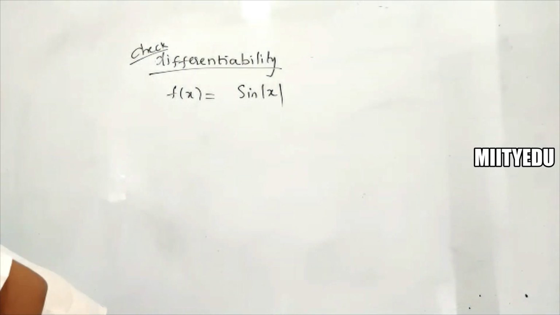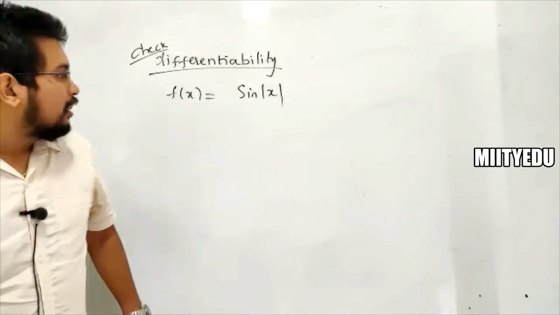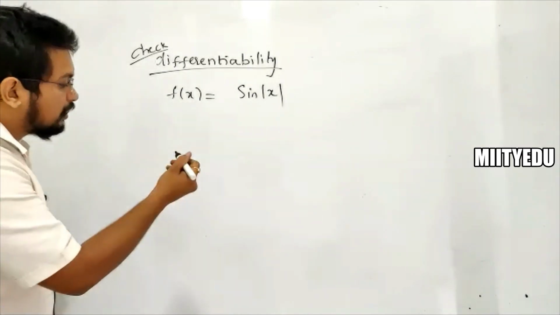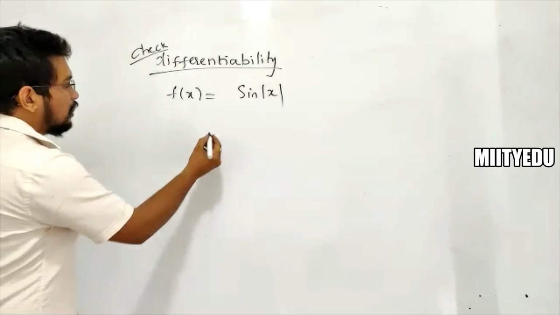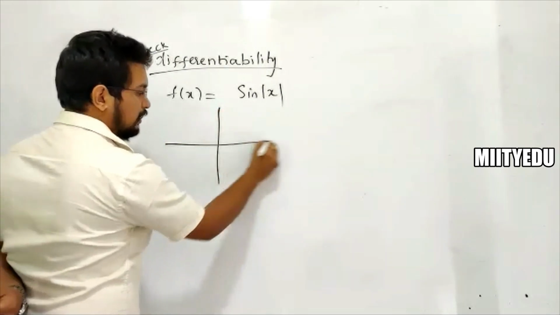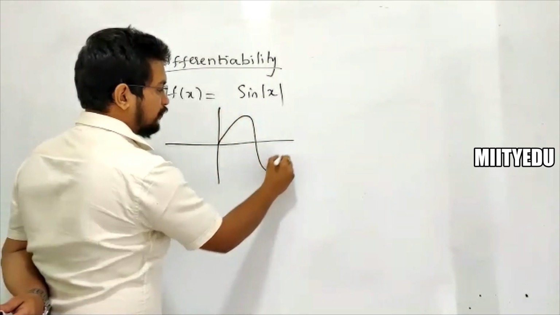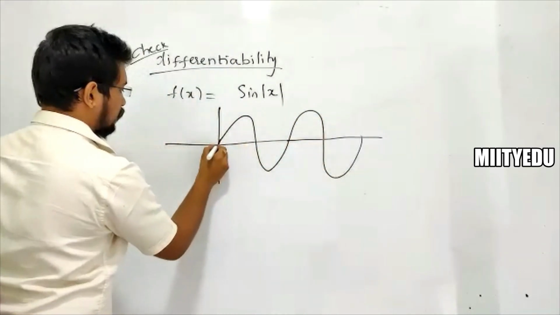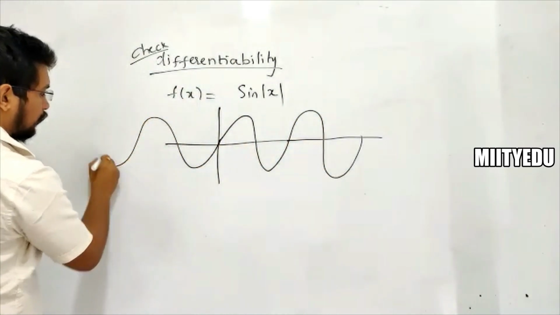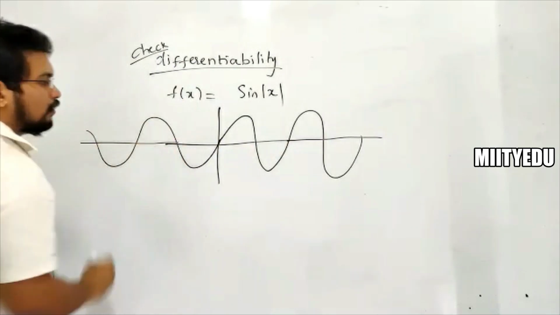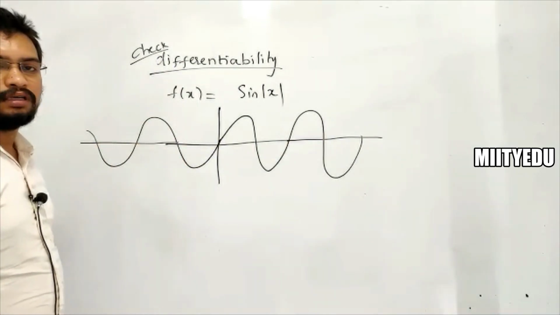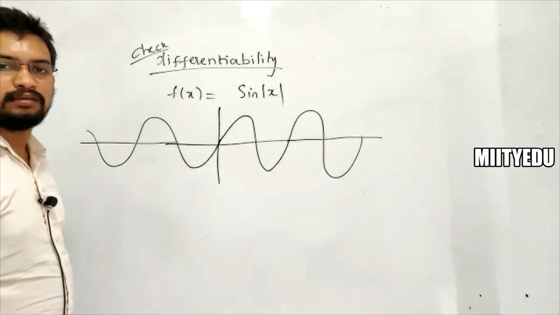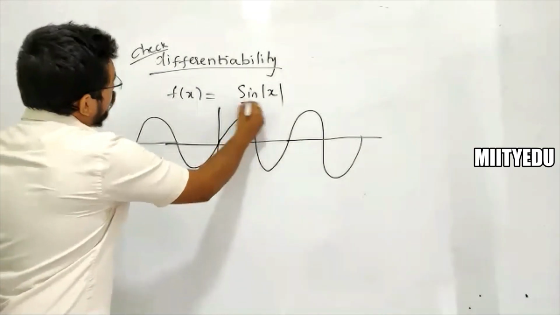Okay, people are answering that. So for this, we need to draw the graph corresponding to this. First, I'll draw y is equal to sin x. This is y is equal to sin x. Now they are asking you sin of mod x.